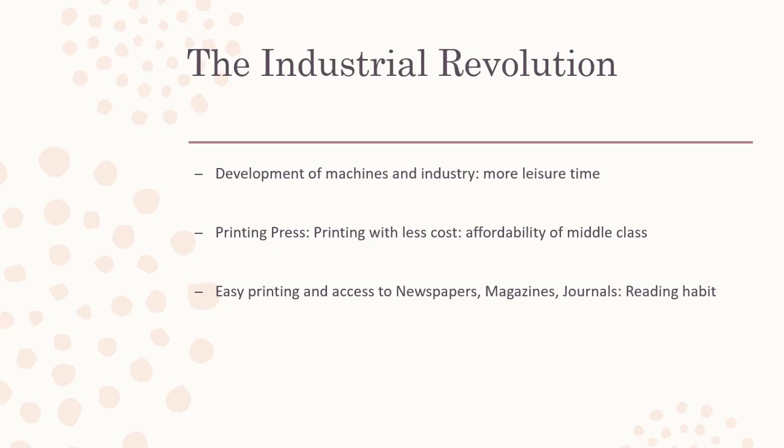And as everyone had access, it developed a reading habit in people, especially in the middle class. And the middle class is always in great majority in the population. So when a great majority of the population develops a reading habit, it changes the whole society.